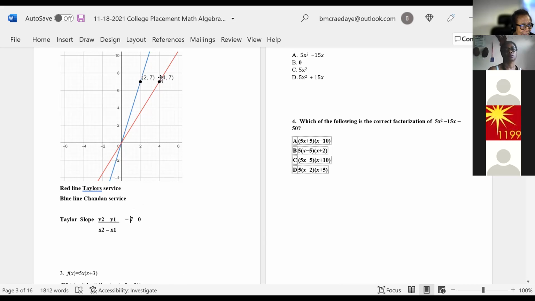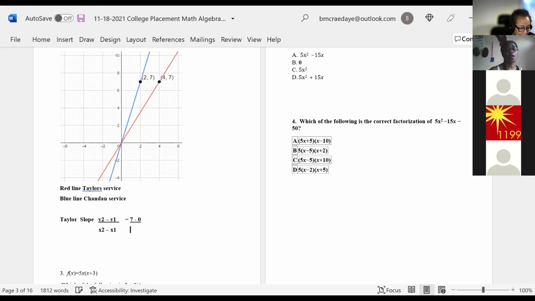My X2 is 4 and my X1 is 0. Remember I have to have 2 points. So one is given right here. The other point is at the origin. So this would be 4 minus 0.